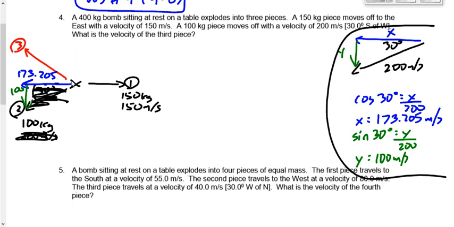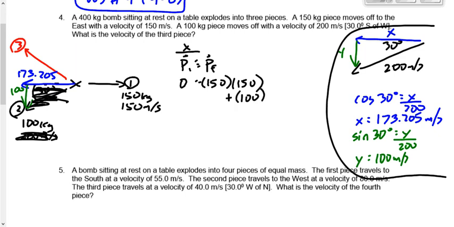So now we do our x component and our y component. We say the initial momentum is 0 because it's at rest. 150 times 150, that's the x component of the first one, plus the second one is 100 times, what's the x component of the second one?